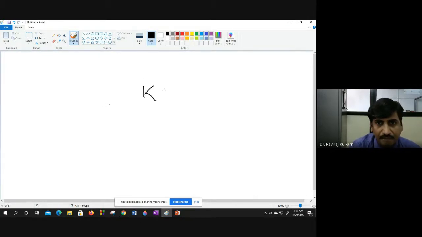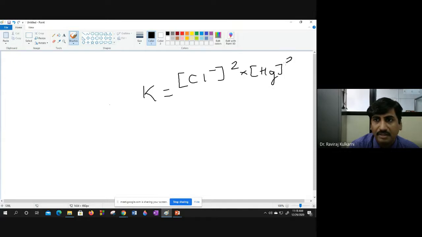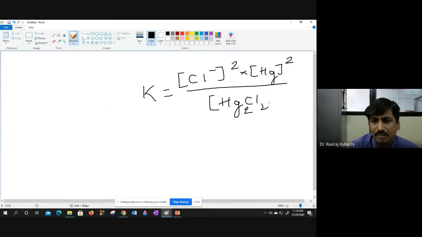K is equal to concentration of Cl minus square into product Hg, Hg square, divided by Hg2Cl2.